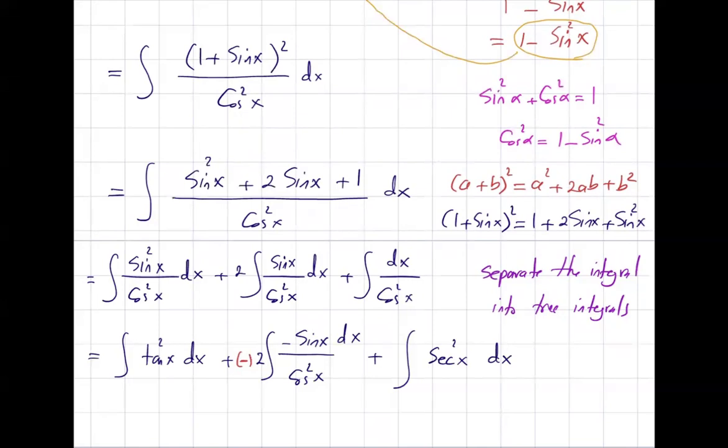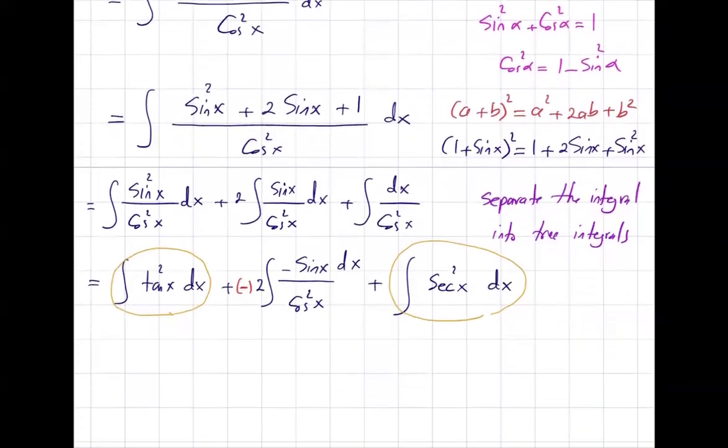Could we combine these together and write this in a nicer format? For example, tangent to the second power can be combined with the secant squared to make the computation a little bit easier. Yes, of course, we can do that as well.